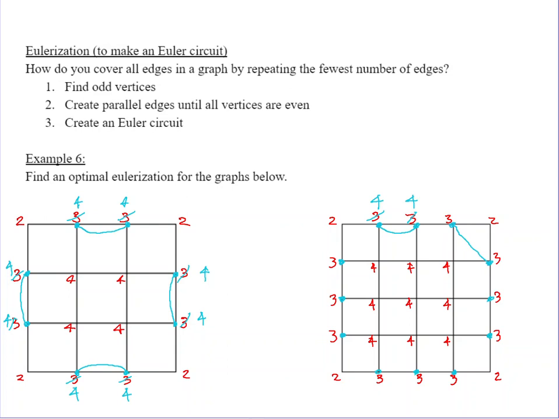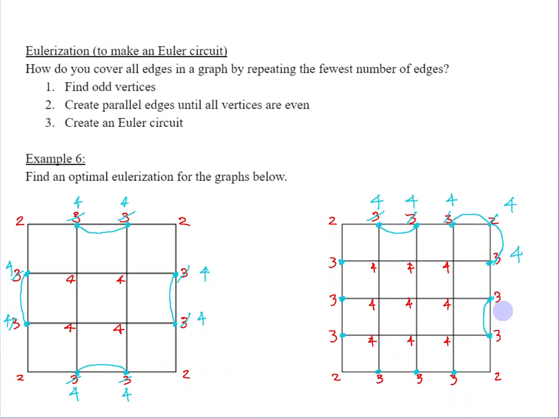You can't do that. You can only go along the edges that are already there. So maybe I go here and then here. Now this vertex is a 4, this one is a 4, and this one is a 4. So that works.